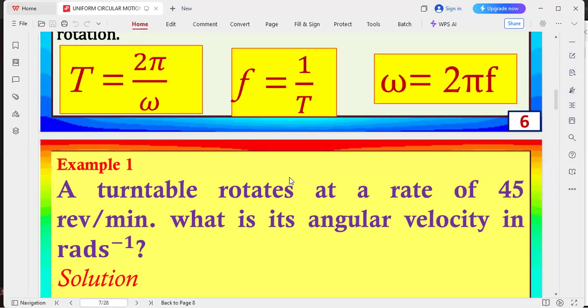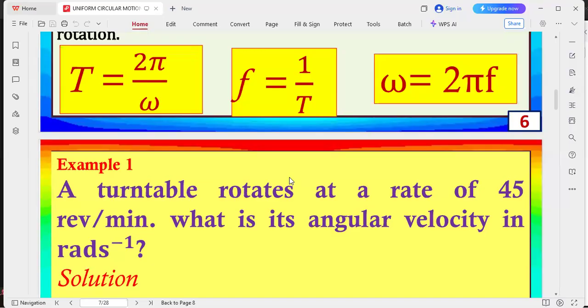So how many revolutions of the same turntable are in 1 second? When you cross multiply, you get 0.75 revolutions per second. That's the same as 0.75 hertz, which is the frequency.